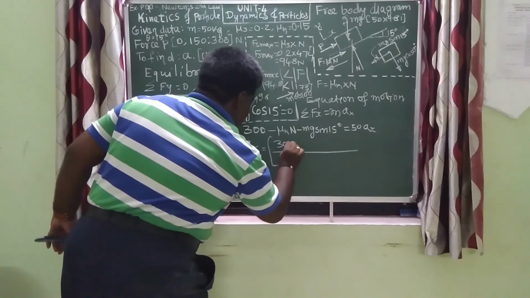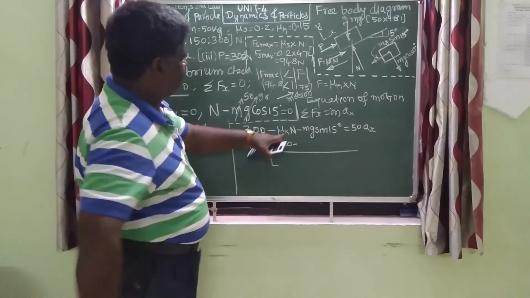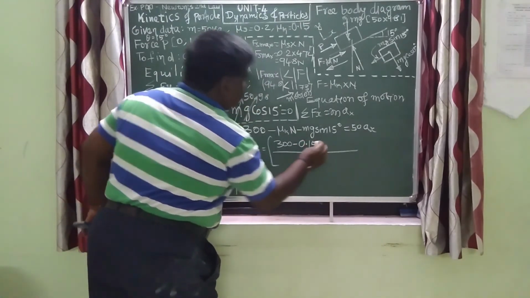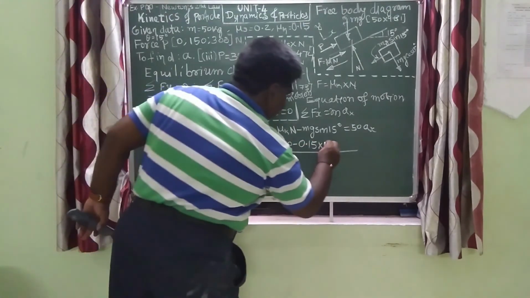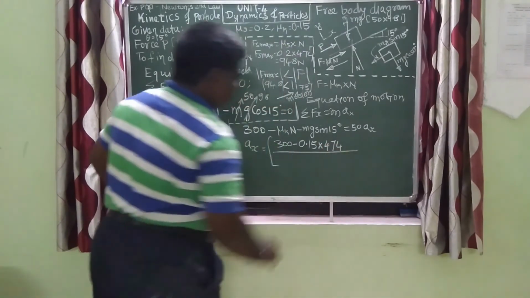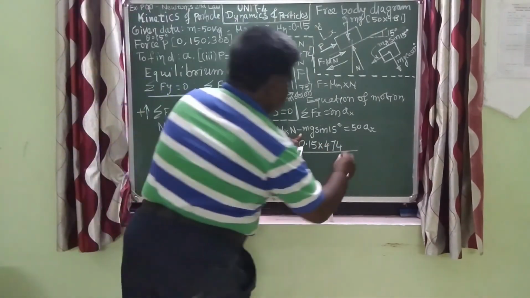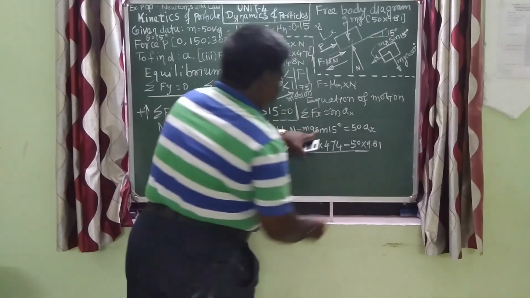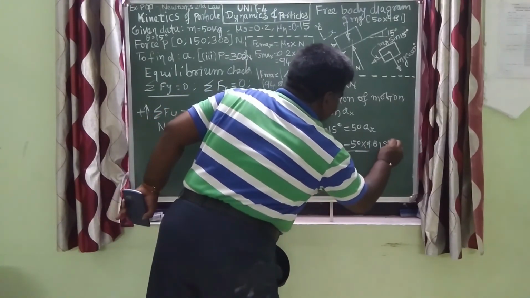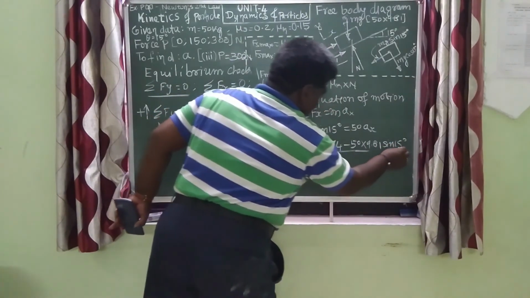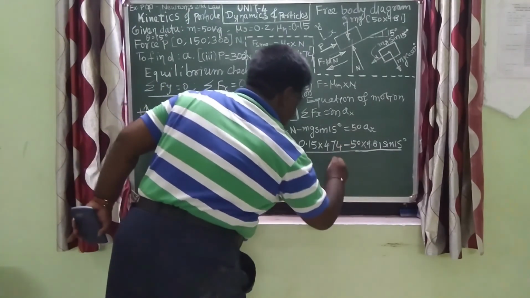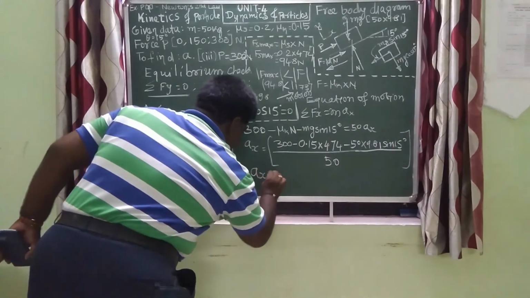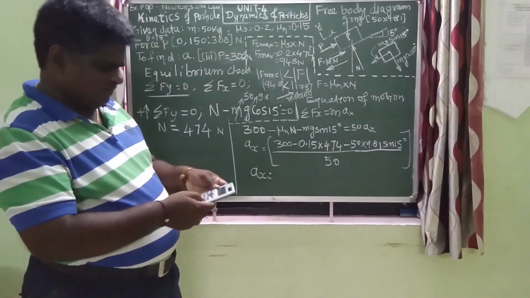Rewriting this equation, ax equals 300 minus kinetic friction 0.15 into reaction force 474, then minus 50 into 9.81 into sin 15 degree, divided by 50. From that, using your calculator, determine the acceleration.